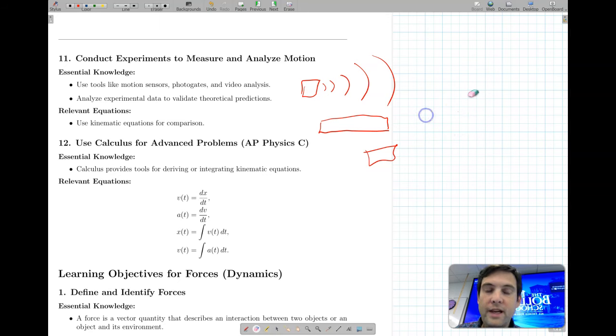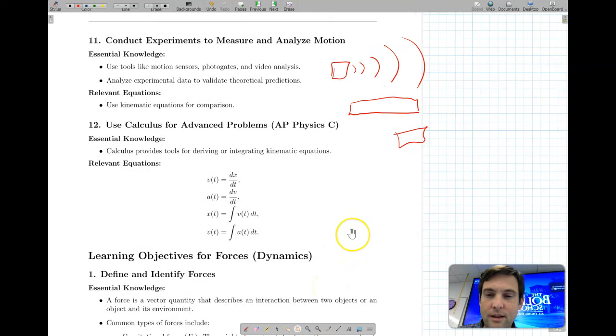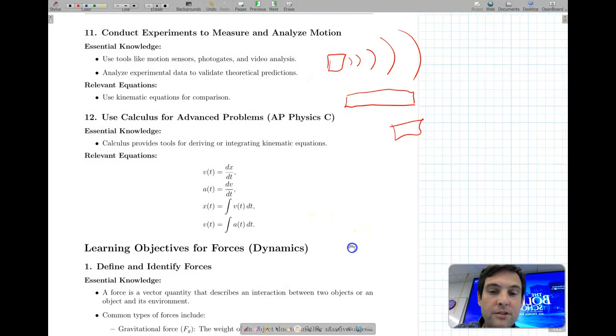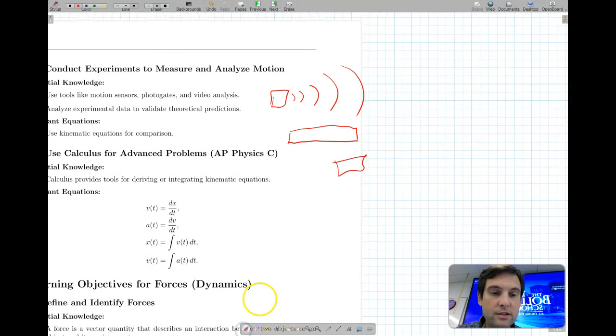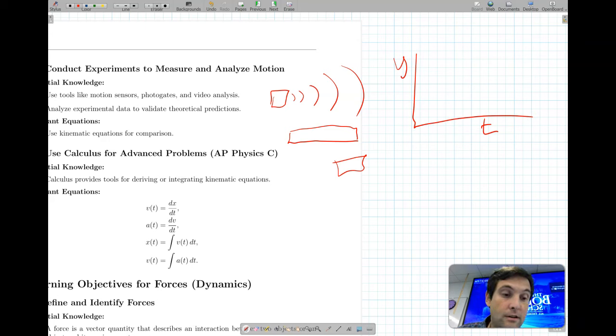We have done it both ways, the high tech and the low tech, early in the year with those constant velocity cars. Think back to them. We should be able to validate experimental data and make predictions. So if we were looking at a y versus t graph, that is probably going to be something like that.